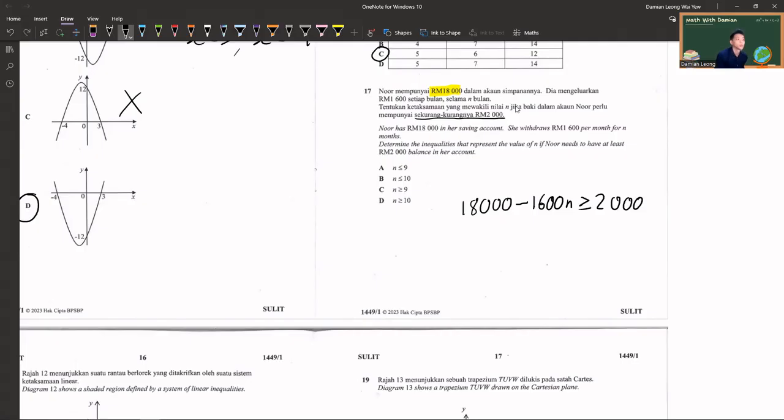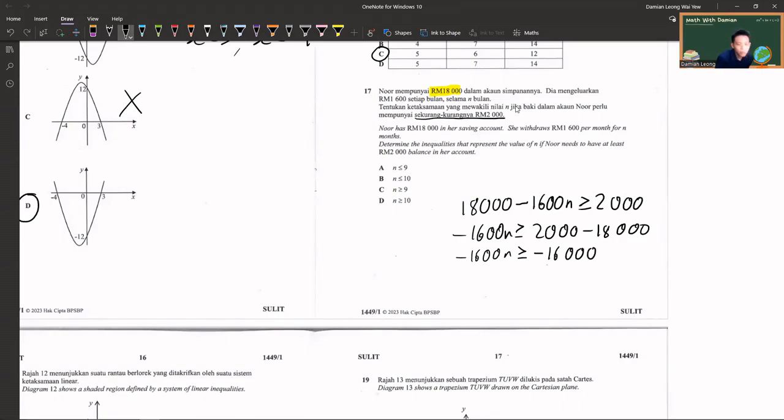So we have to simplify this inequality to one of these forms. Get rid of 18,000, bring over, positive becomes minus. So negative 1,600N more or equals negative 16,000.